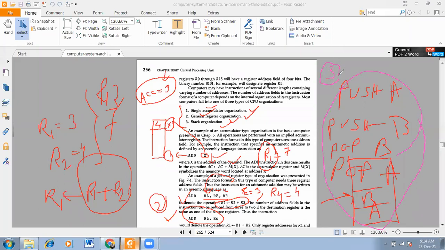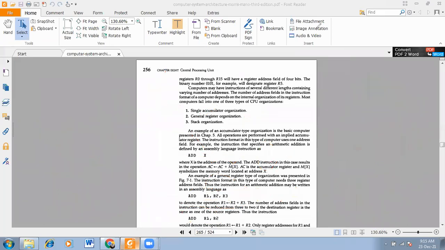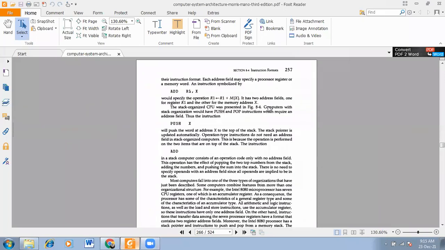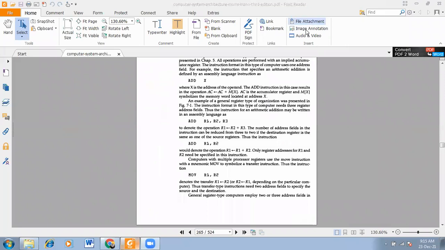So I have explained in detail the basic principle, operation, logic and concept, and the example of single accumulator organization, general register organization, and stack organization. If you have doubts, please say something. There are also many more instructions.